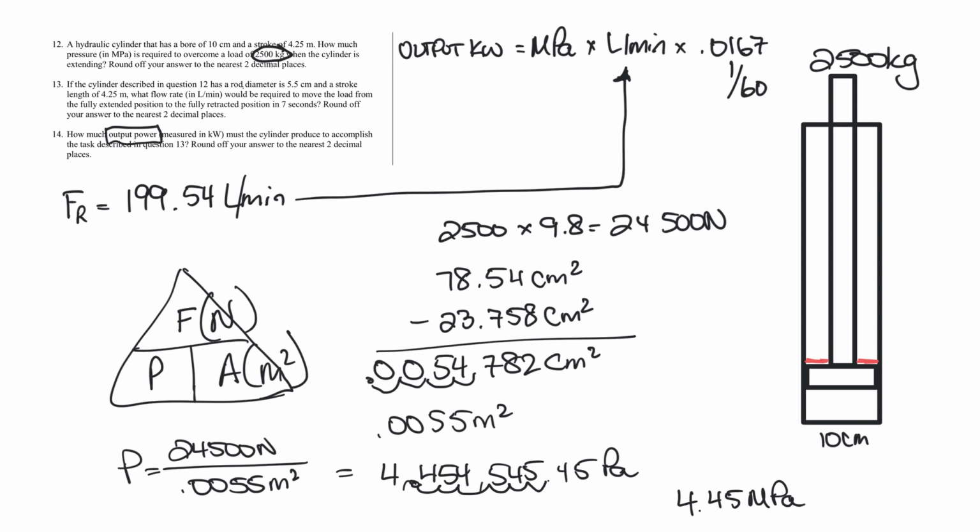So what we're going to do is take our 4.45, multiply it by 199.54 times 1/60th, or 0.0167, and that's going to give us what our output power is.